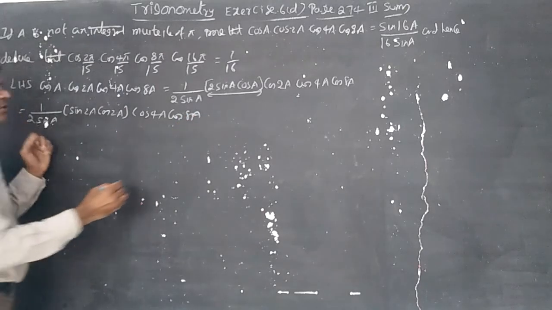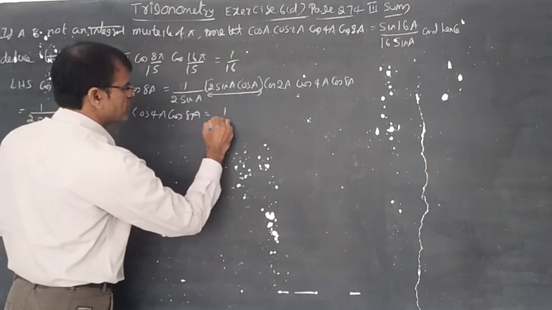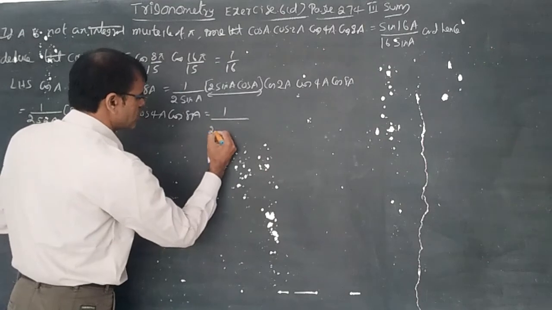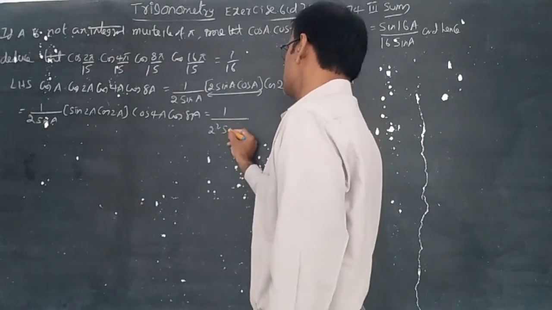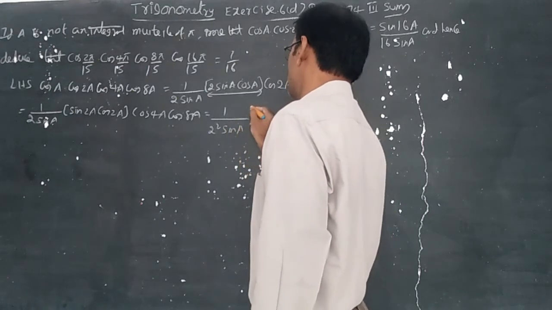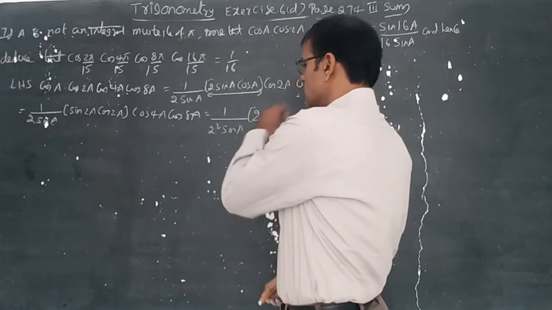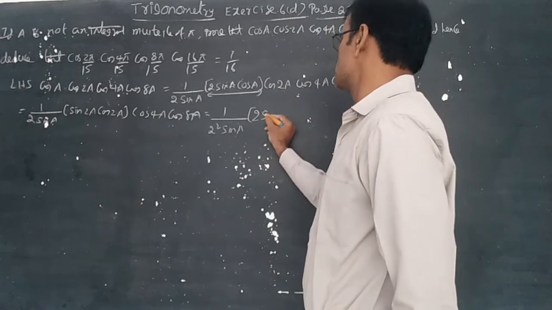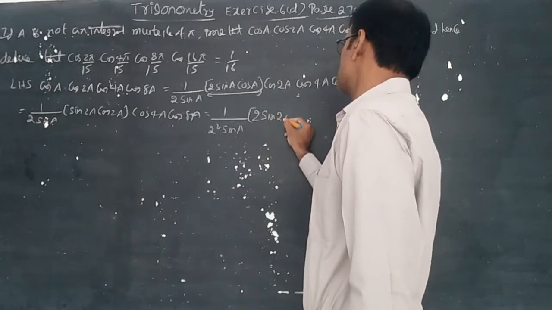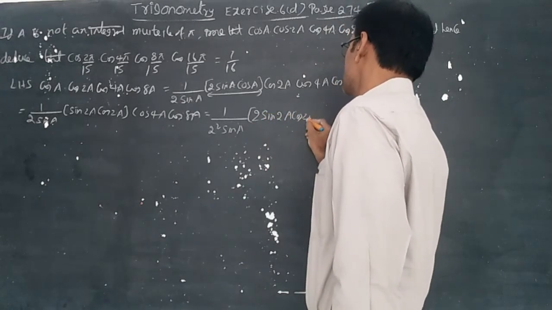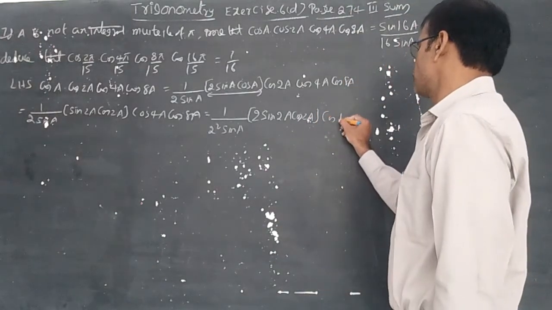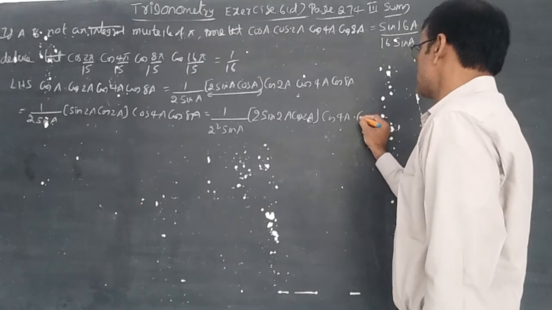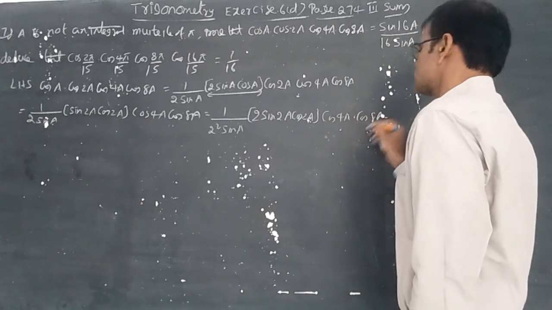That is equal to, again we can multiply and divide here, 1 by 2 square sin A, there is no change in denominator. Here multiplying and dividing with 2, so it becomes 2 sin 2A cos 2A into cos 4A into cos 8A.